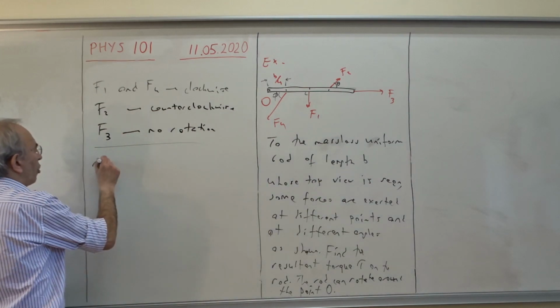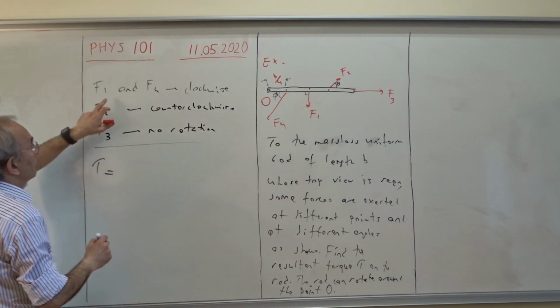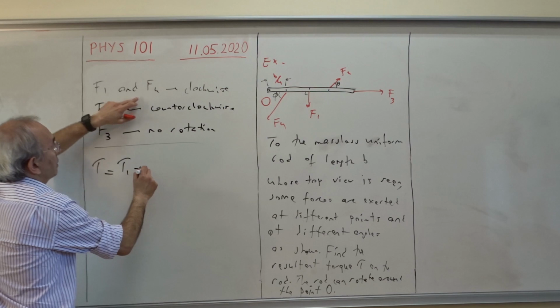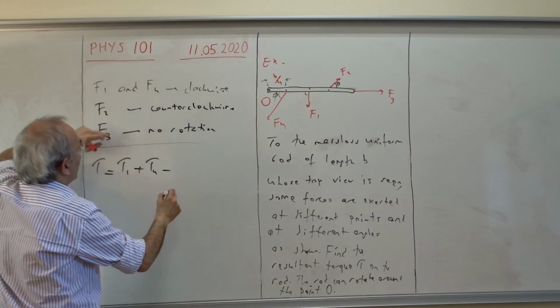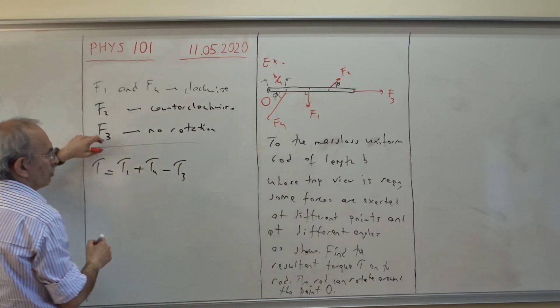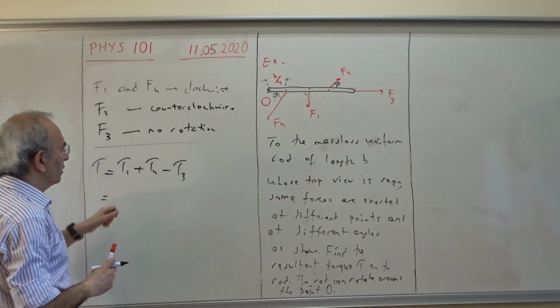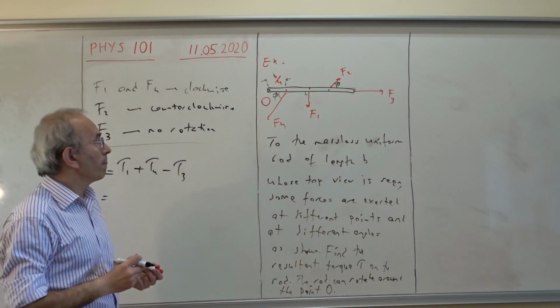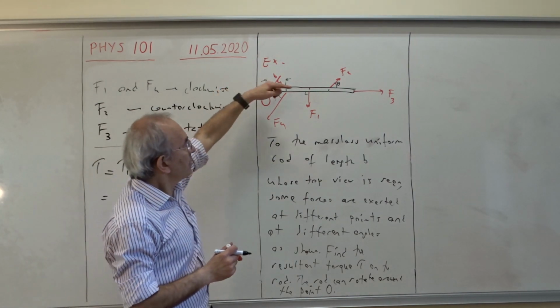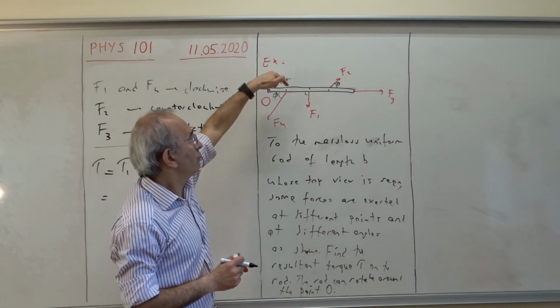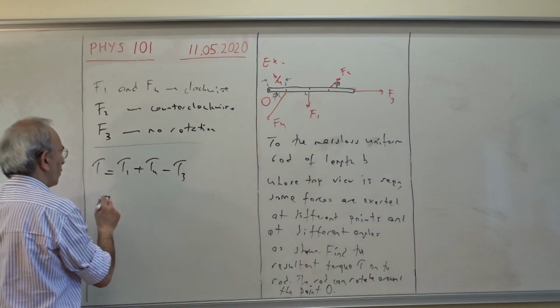So that torque is tau 1 plus tau 4 minus tau 2, first of all. And then, what are the torques, each of them?